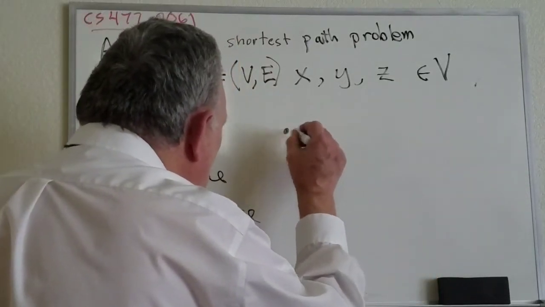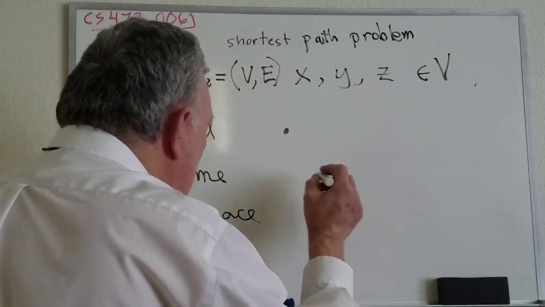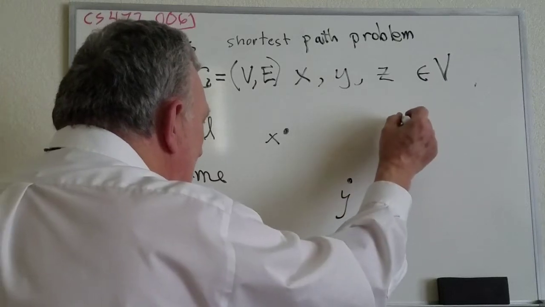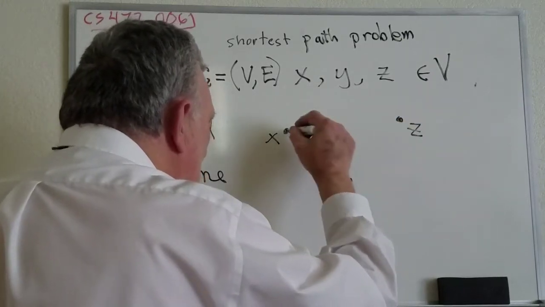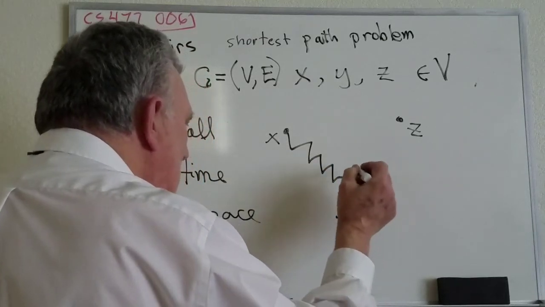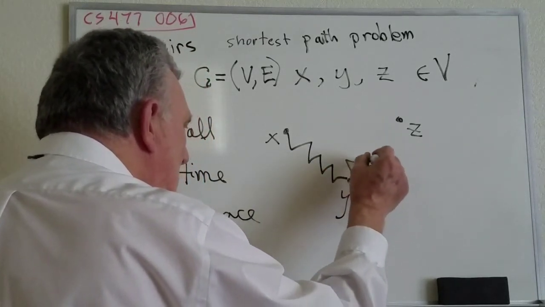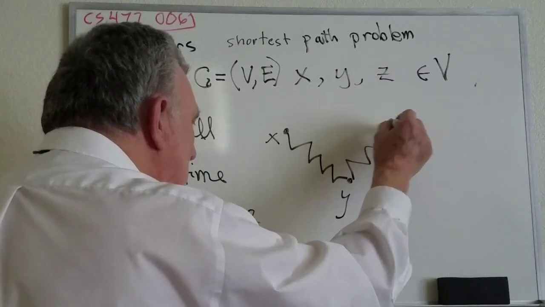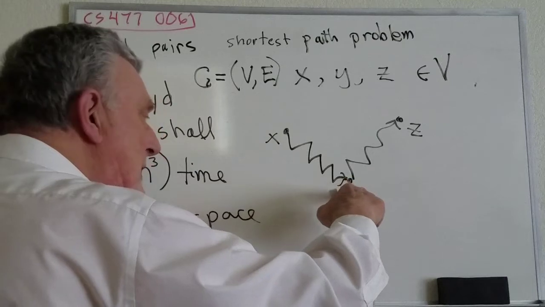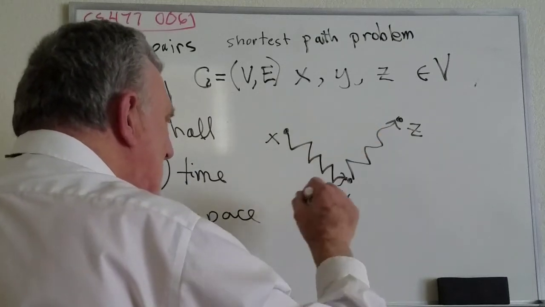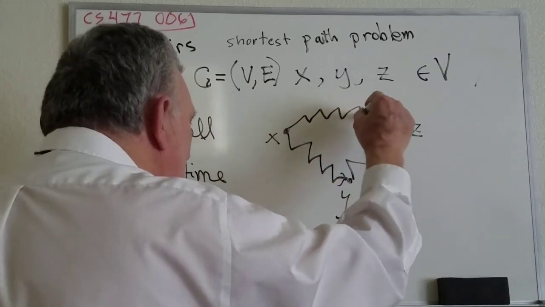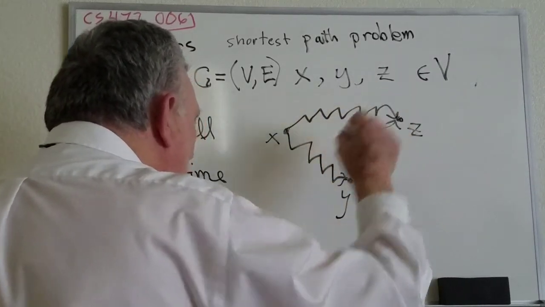And let us suppose that we're in the middle of our calculation and we have computed a path from x to y, and we have computed a path from x to z. Now this path could have any number of edges, and this would have any number of edges.